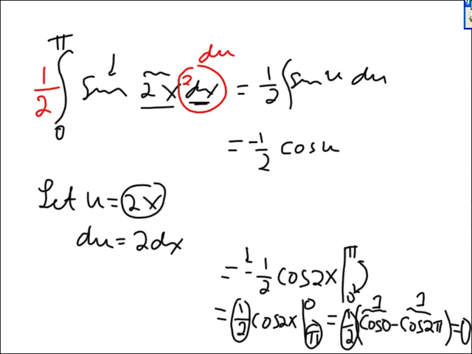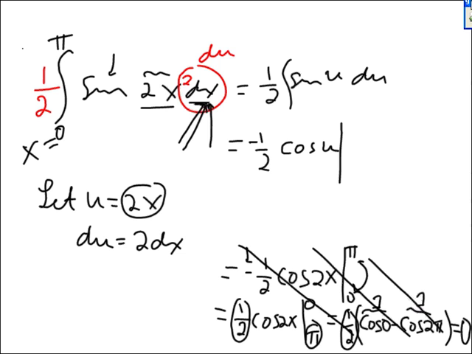Another way of doing this is to immediately not convert back to the x's. Change the limits though. These are x values. Those are x values. You have to decide: when x is equal to pi, what is u equal?